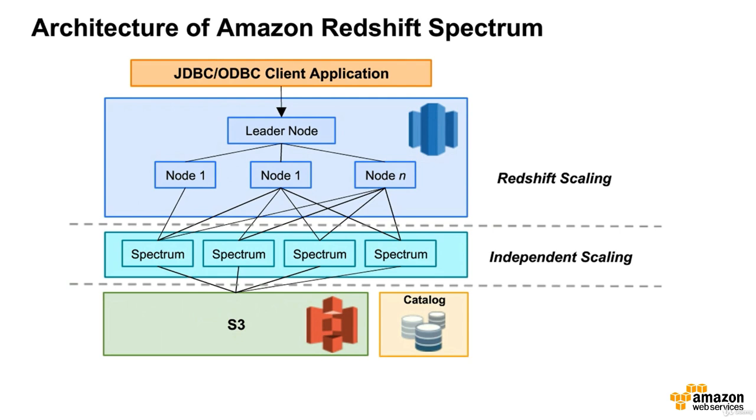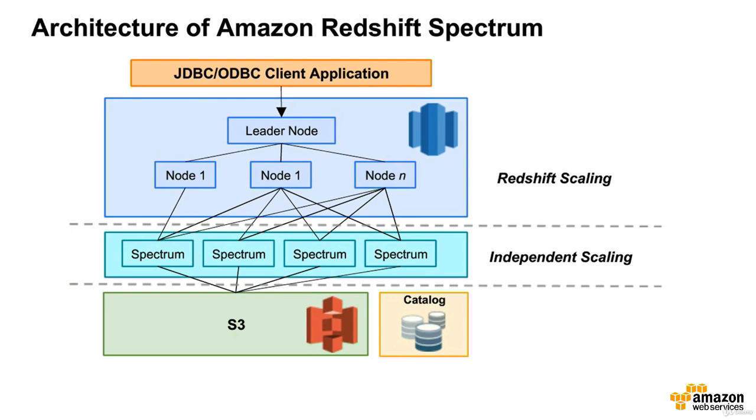This is a simple architecture of Redshift Spectrum. A person using any business intelligence tool could create a request using a JDBC or ODBC bridge from a client application, which goes to the leader node. The leader node controls or divides the task among other nodes.